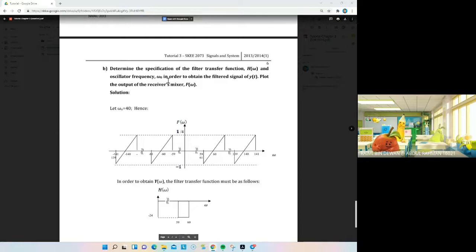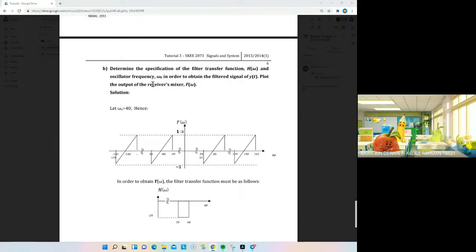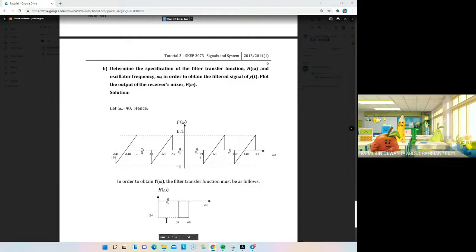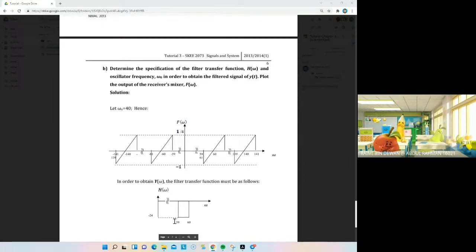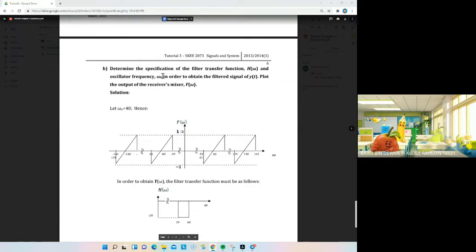So you need to know H omega and omega naught, and then plot the output of the receiver mixer. For the oscillator frequency, first you need to plot the spec of H omega, and later on you also need to determine omega naught.